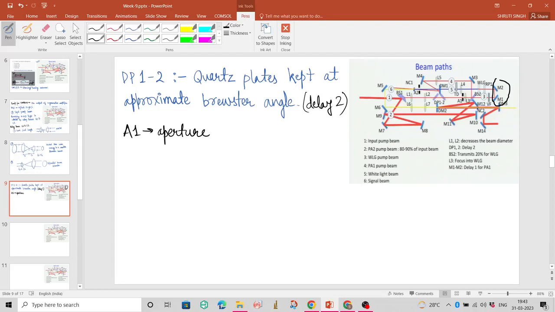Now after this aperture there is the L3 lens. L3 focuses the incoming beam after the aperture on this beam splitter.